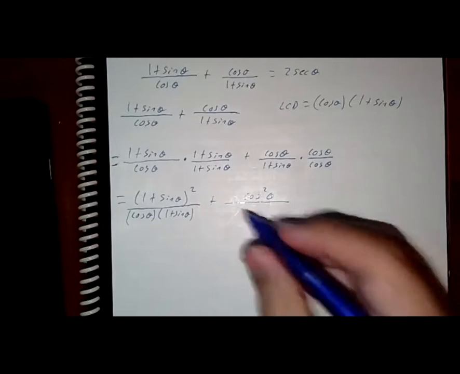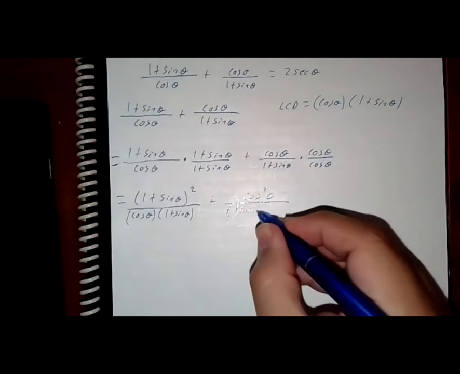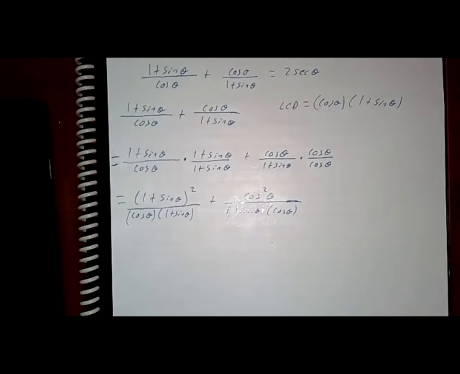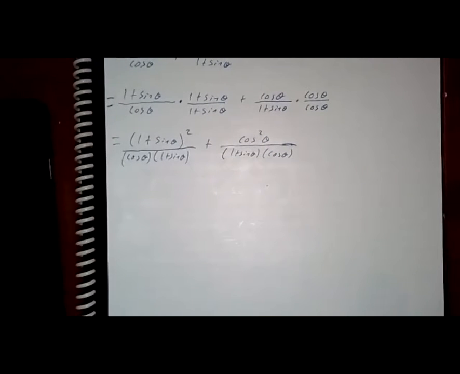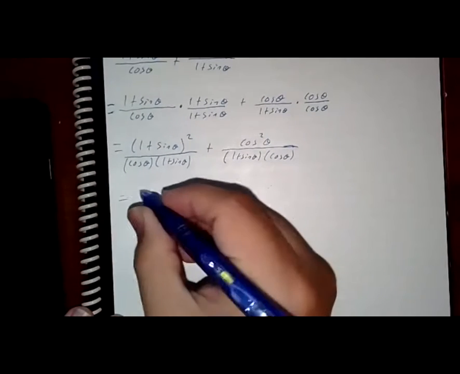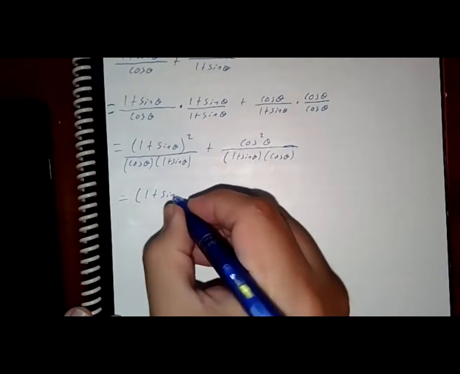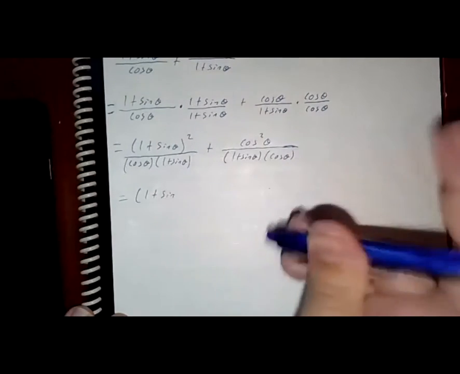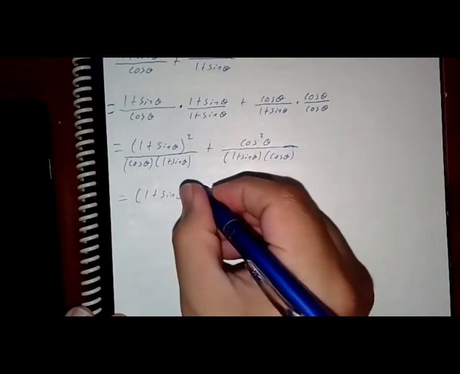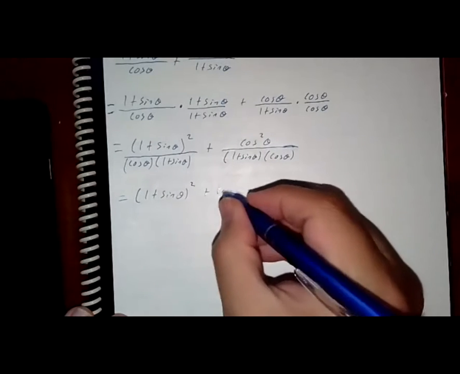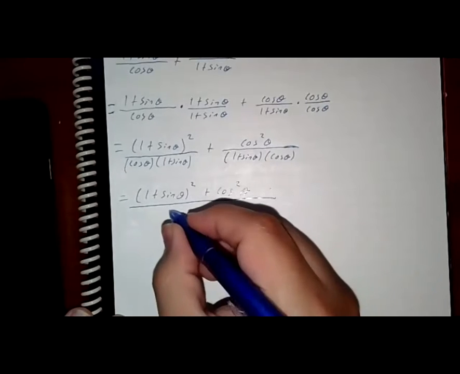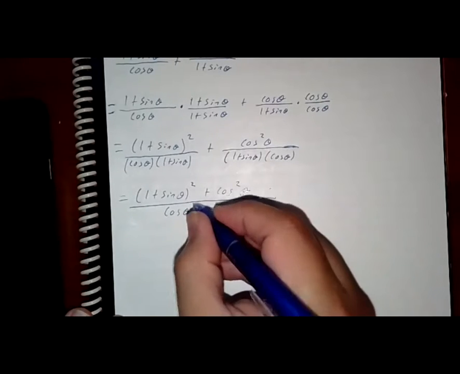Cosine times cosine over 1 plus sine times cosine. So there we go. Now they're the same and you can add them together. So we'll get 1 plus sine theta, entire thing squared, plus cosine squared over the LCD because they have been added together.